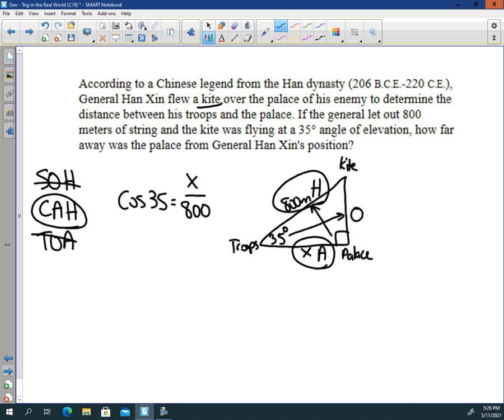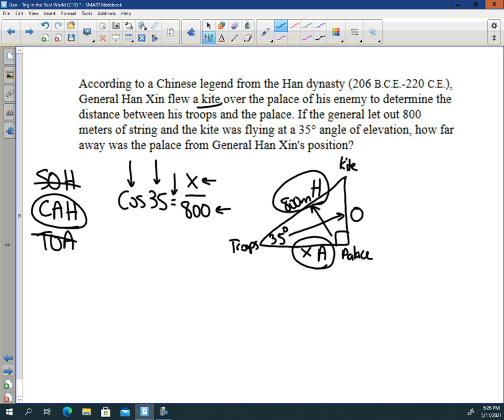This is okay though, this is going to happen. We want to remember that we have to follow the instructions of the trig ratio. The cosine of the angle is the adjacent, which is on top, over the hypotenuse. Regardless of where those pieces lie, you have to follow it just that way.